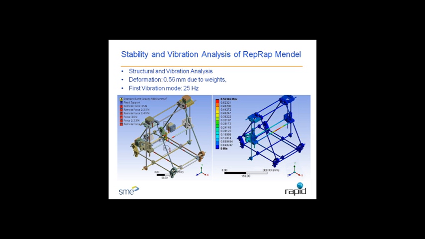Of course, this is a criterion which needs to be considered if you want to go for very fast printing, and depending on the filling patterns, you might consider this frequency. Of course, the simulation result can be different if we change the design, if we change the material, and if we change the boundary conditions of the simulation.